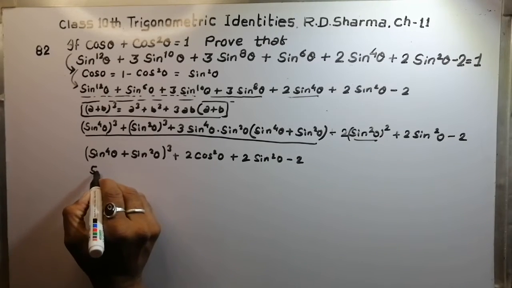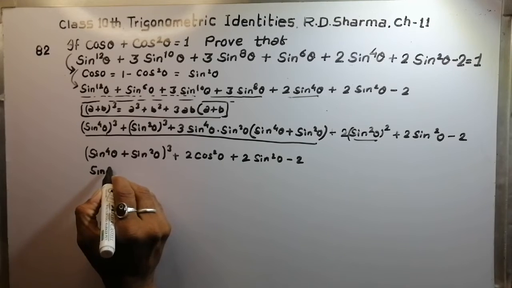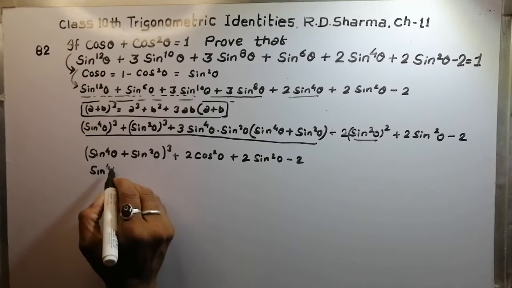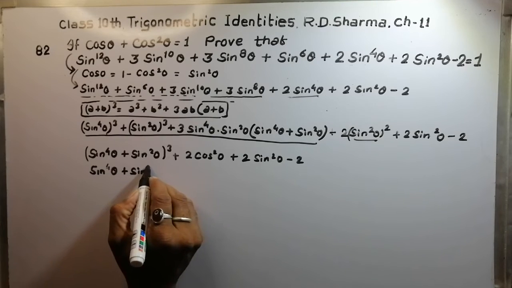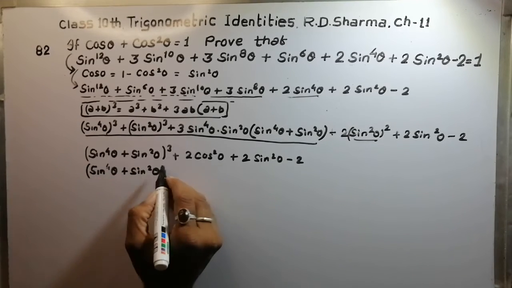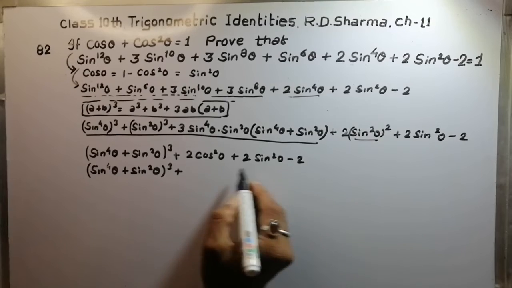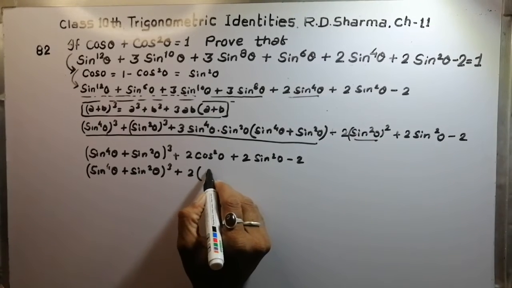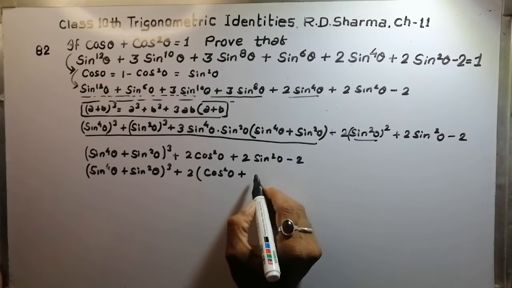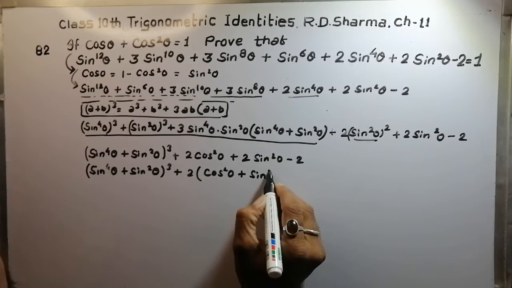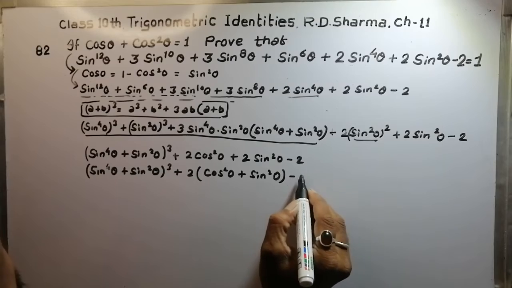And if we write sin 4 theta plus sin square theta cube and take 2 common, we get cos square theta plus sin square theta minus 2.